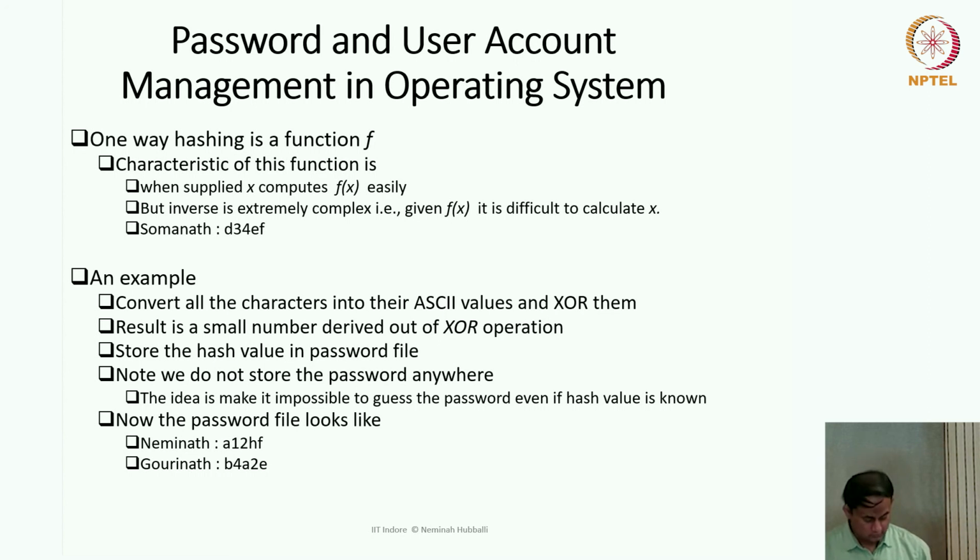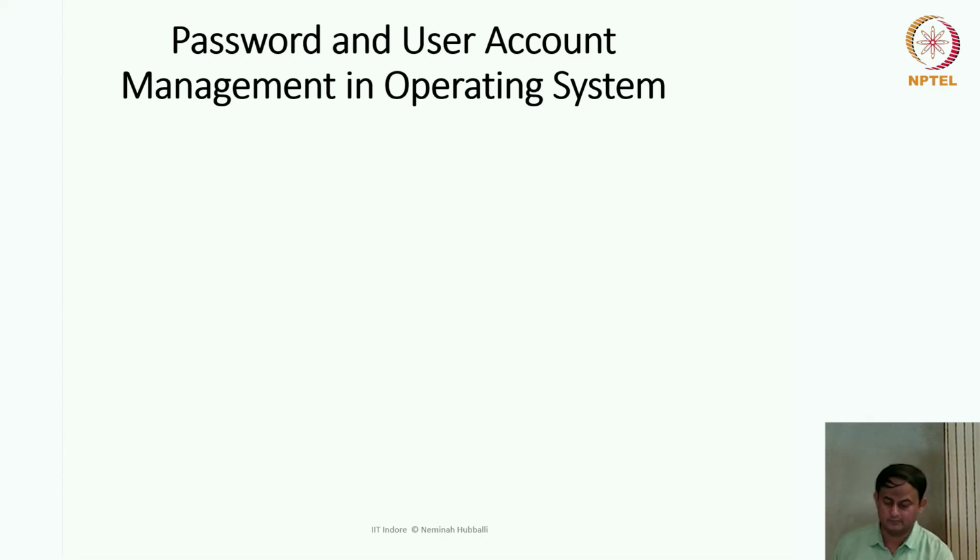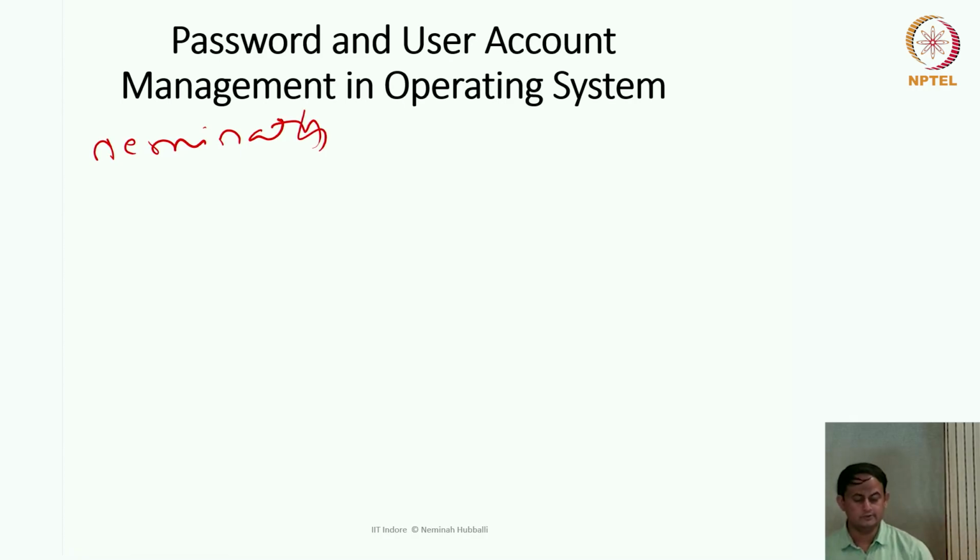So one of the simple things that you can do is take the password as an input and get the ASCII values corresponding to all the characters within the password and XOR them. So let's take this example. My password is, let's say, Aminath. What I do is I take the first letter N and corresponding to that the ASCII value 10101010.